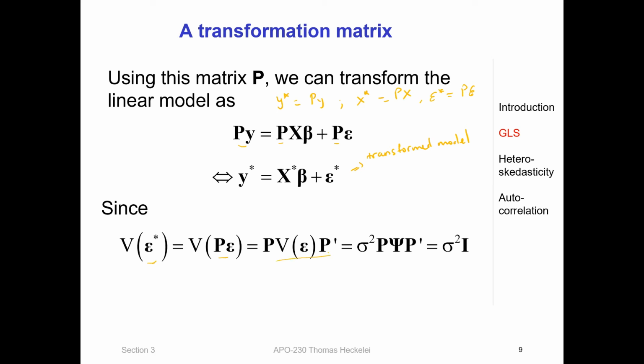Remember, during the statistics review, the variance of a constant A times a random variable X would be A squared times the variance of X itself. And in the matrix universe, there's a way to write it. For a matrix and vector, it's like that. Pre-multiply by P and post-multiply by P prime.